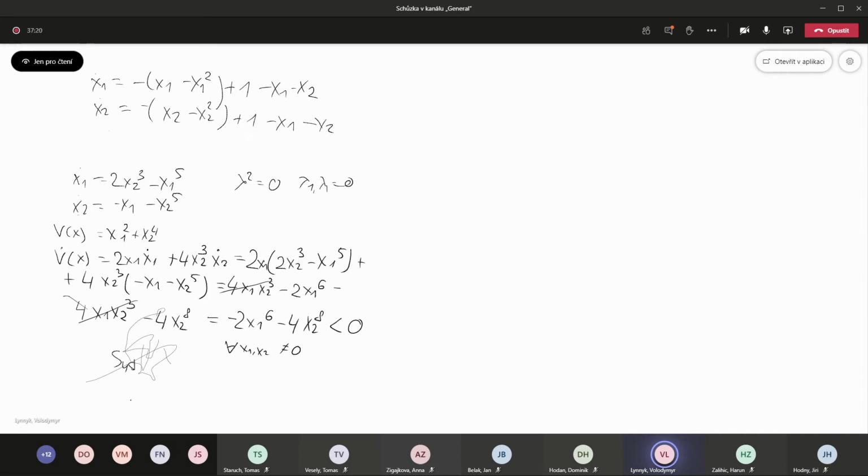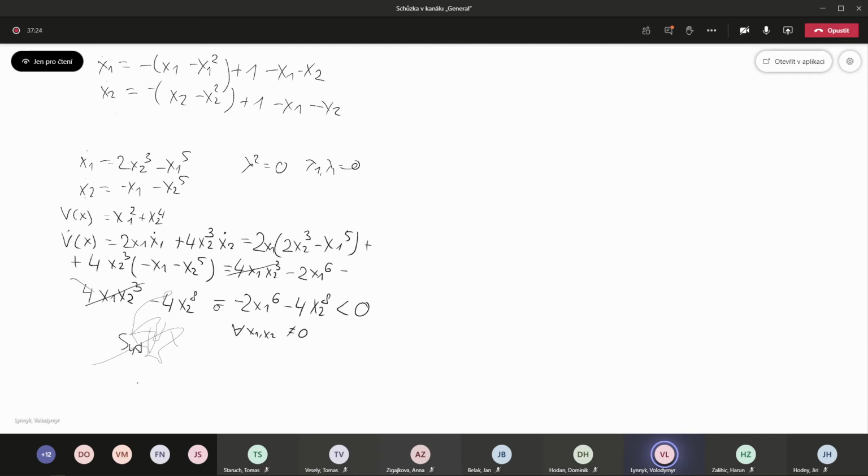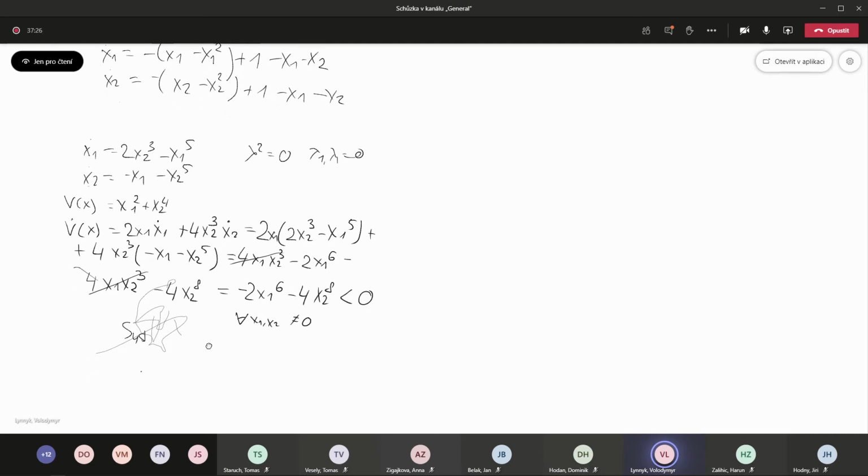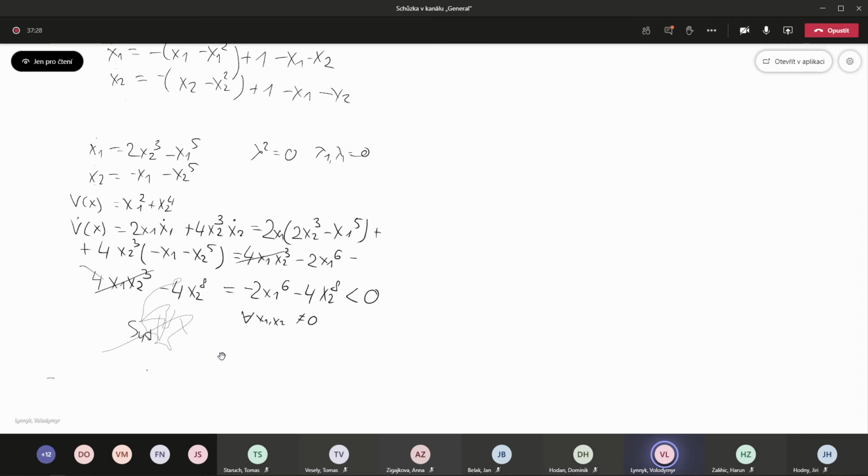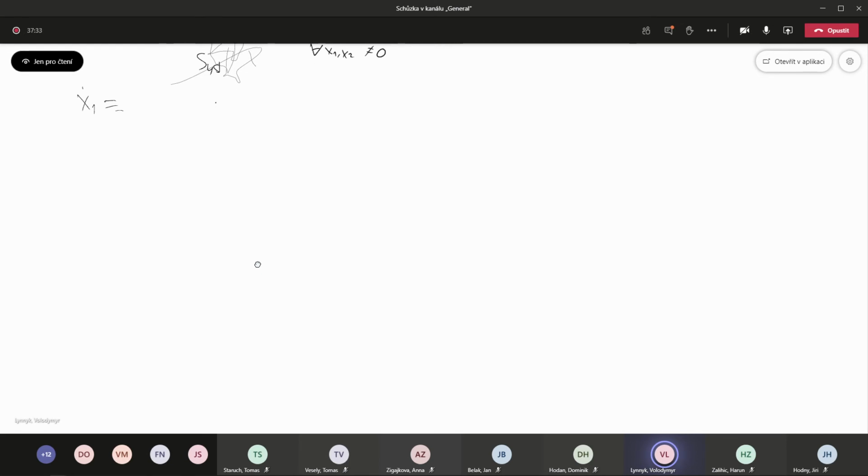Okay, and now I can show you a fast example, a linear example. x1 dot equals x2 and x2 dot equals minus x1.